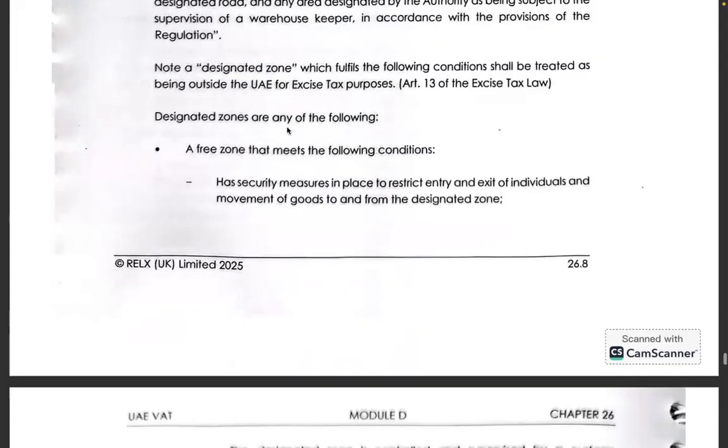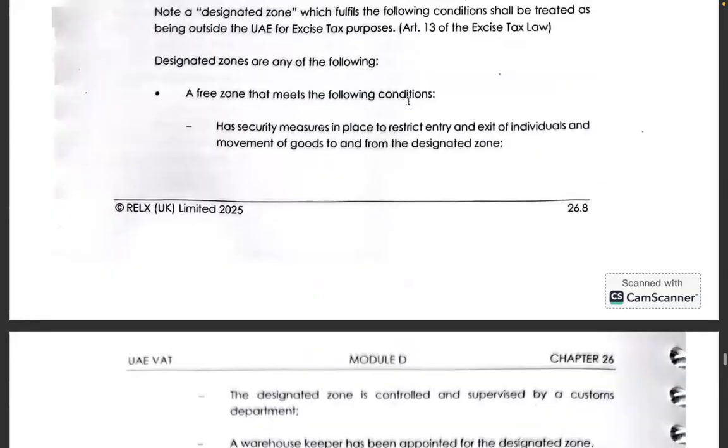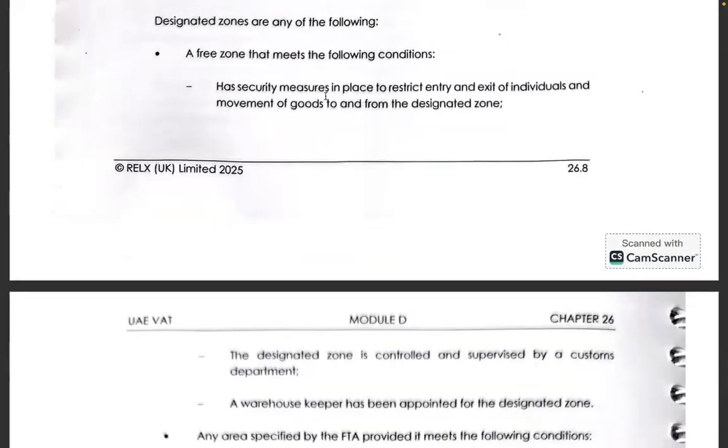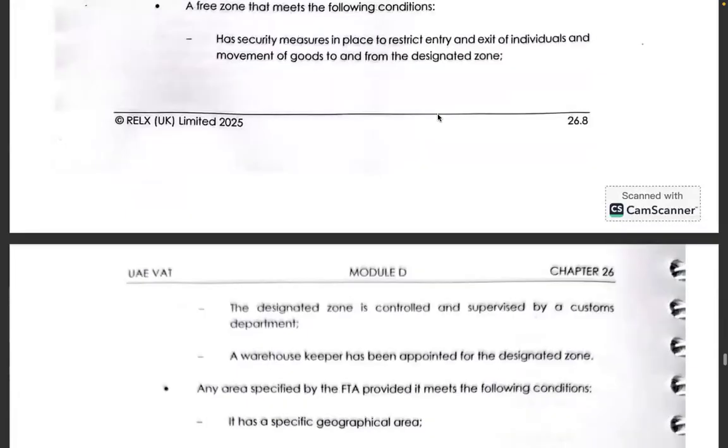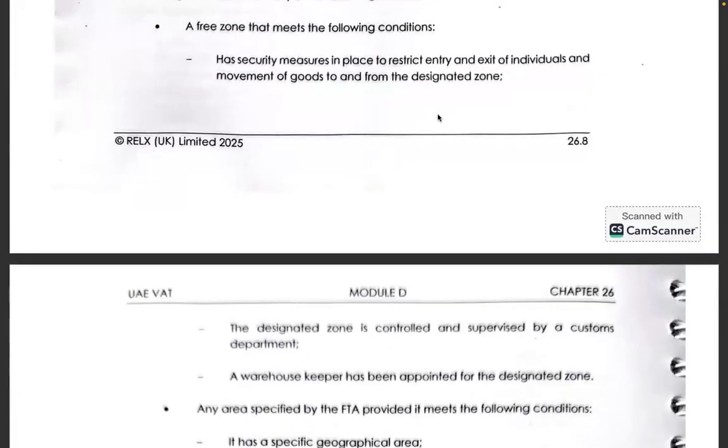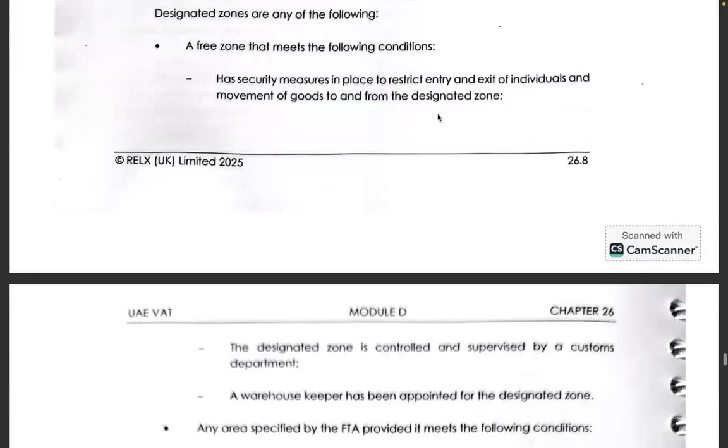A designated zone is any of the following: a free zone that meets the following conditions. Let's see the conditions. Has security measures in place to restrict entry and exit of individuals and movement of goods to and from the designated zones. That's the first condition. No free movement of individuals and goods.